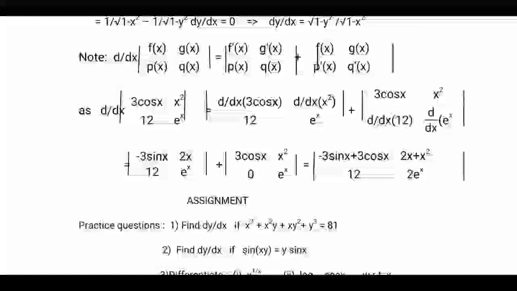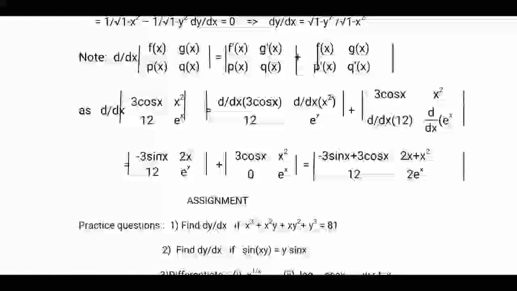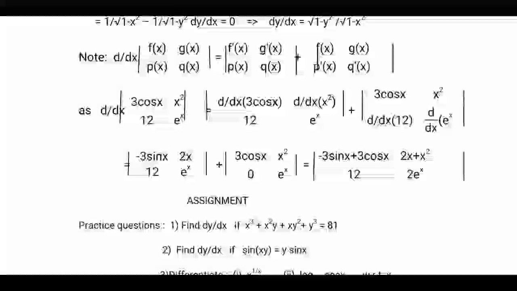So d upon dx of the determinant fx gx px qx is equal to f dash x, that is d upon dx of fx, g dash x, that is d upon dx of gx, and px qx remain as they are, plus fx gx remain as they are, differentiation of px, that is p dash x, and d upon dx of qx is equal to q dash x. Now we get this formula.